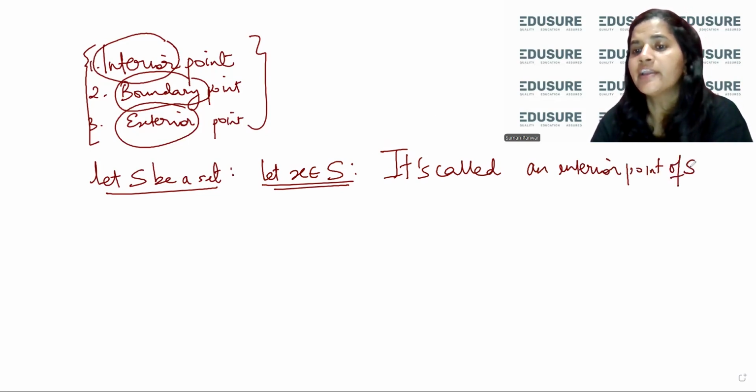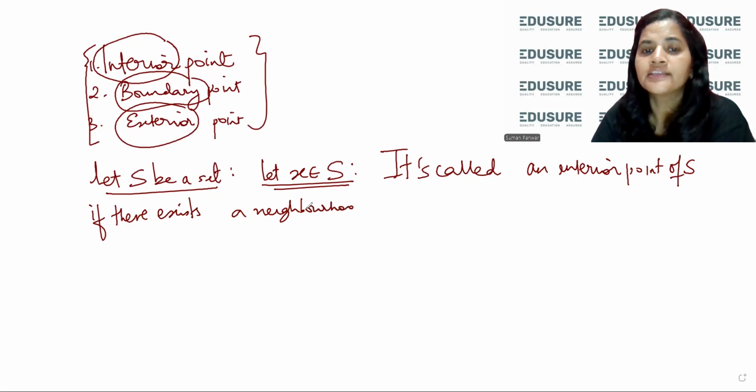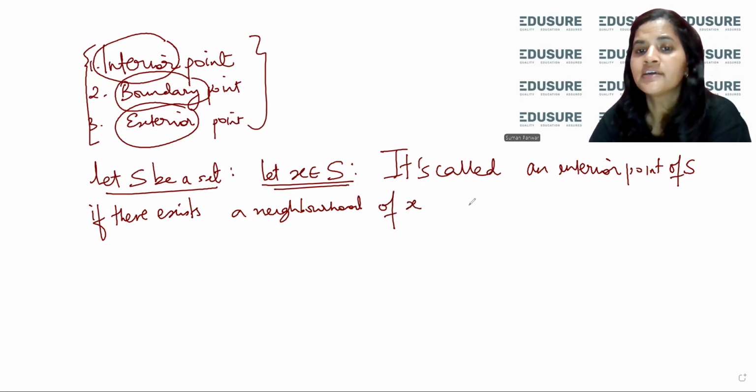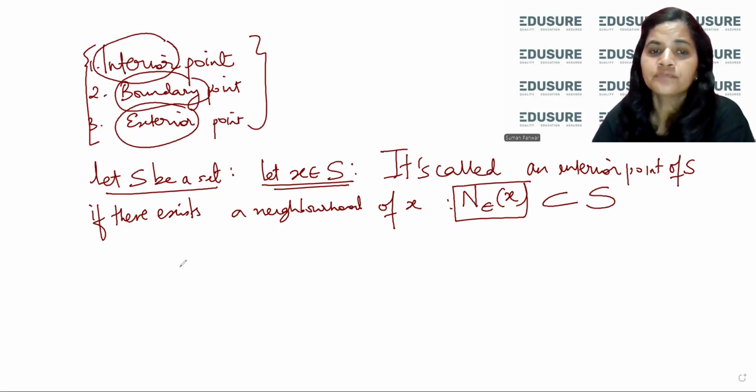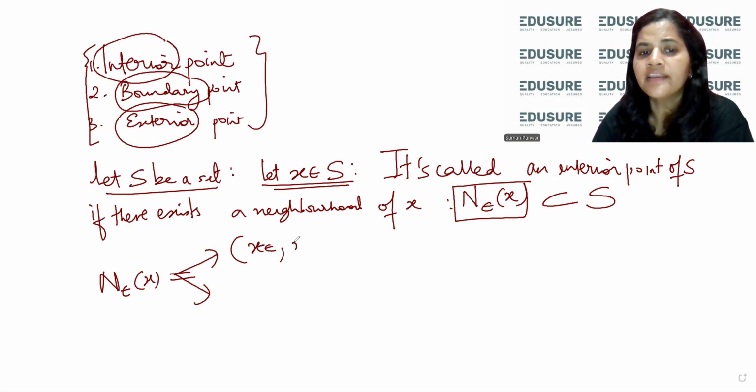It is called an interior point of S if there exists a neighborhood of X, we can call that neighborhood N epsilon X. I will explain the meaning of N epsilon X, which is strictly contained inside the set S. When I say N epsilon X, if we are in one dimension, it is a set with X at the center, and X minus epsilon, X plus epsilon.